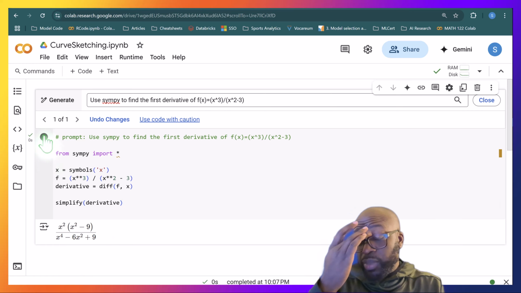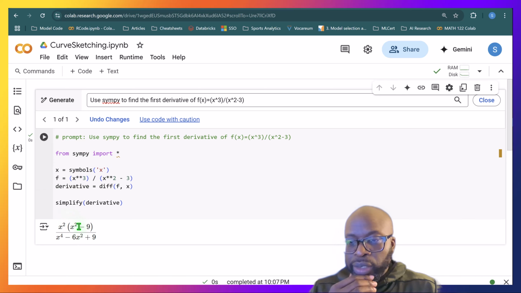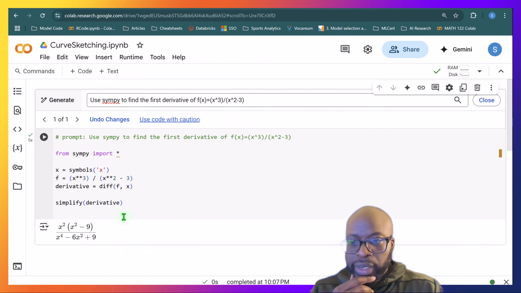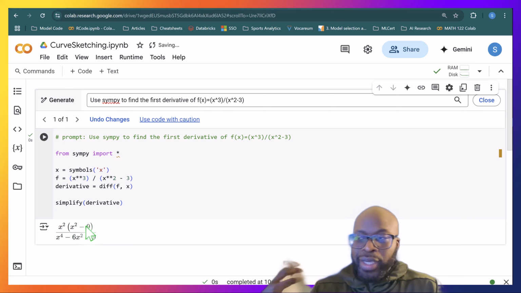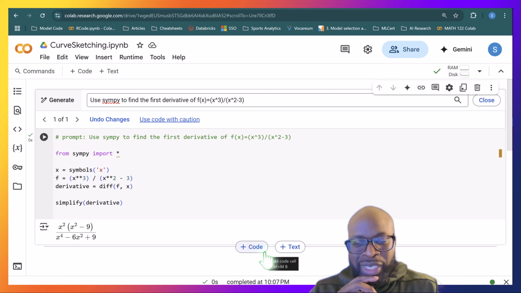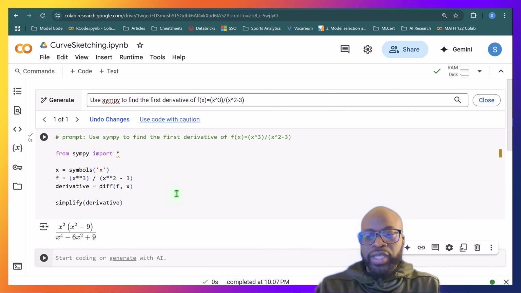Boom. When we simplify, our numerator now looks a lot more like the numerator we got. Check that out. Okay, x squared quantity, x squared minus 9. That's that right there. It ended up doing one of the rules that you shouldn't do, which is expand out your denominator. But hey, we'll take what we can get. We already saw that the denominator was the same before. That's our first derivative.